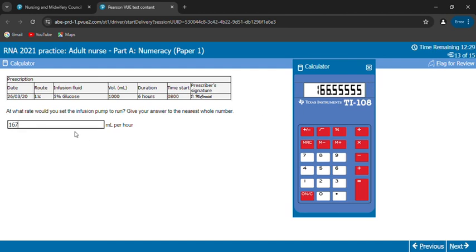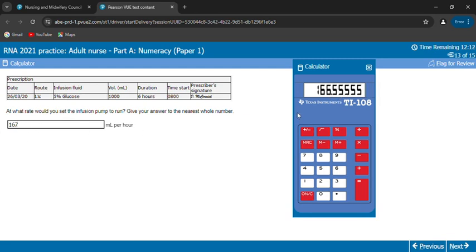The main thing that you need to understand: if the answer is 166.324, then you have to write 166. If the answer is 166.567, like this, then you have to write 167.